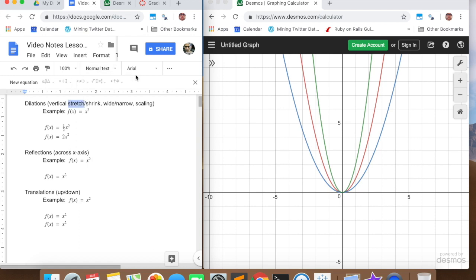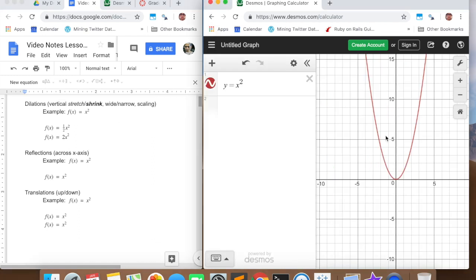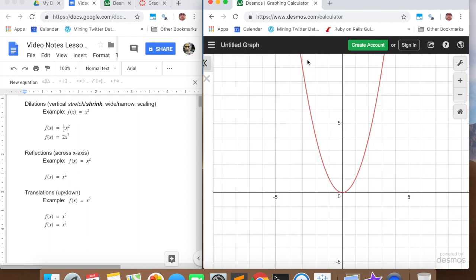So it's going to get narrower as it goes up the y-axis a lot faster. So these types of dilations are also commonly referred to as vertical stretches or shrinkages, because vertically, meaning up and down the y-axis, these numbers are shrinking or stretching.